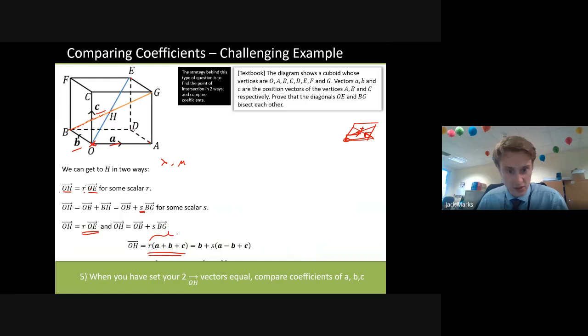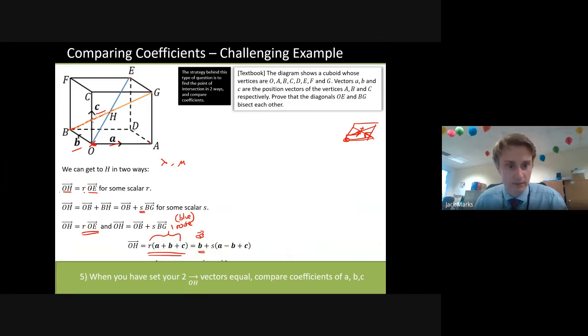So this is one route, okay? Let's call this the blue route. The other one we talked about, we said you can go from O to B first. Well, that's the same as B. So O to B has become just B. And then we do some fraction of the orange line. Well, what is the orange line?